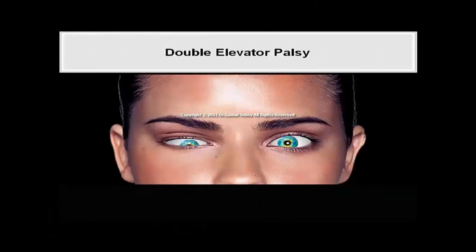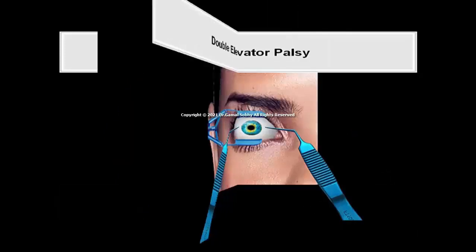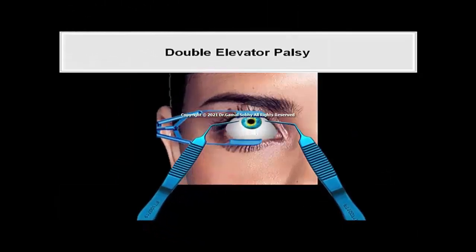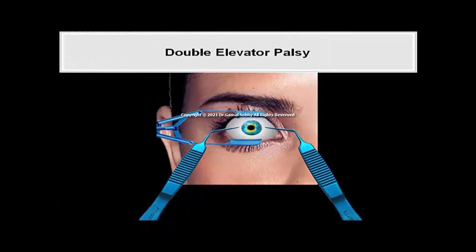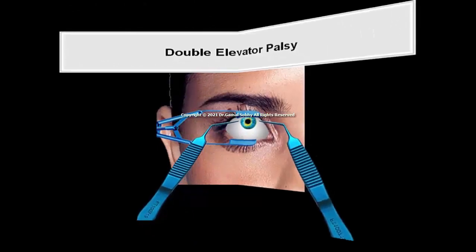The differential diagnosis of double elevator paralysis is restricted elevation of the eye which occurs in blowout fracture of the orbital floor, congenital or acquired fibrosis of the extraocular muscles and endocrine myopathy. Negative forced duction test will confirm the diagnosis of double elevator paralysis.